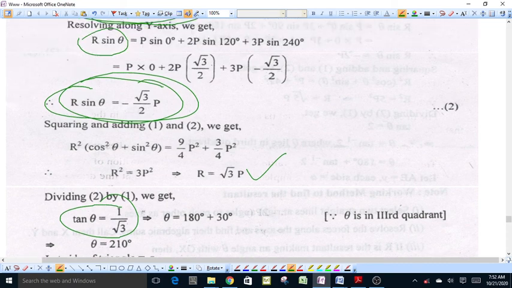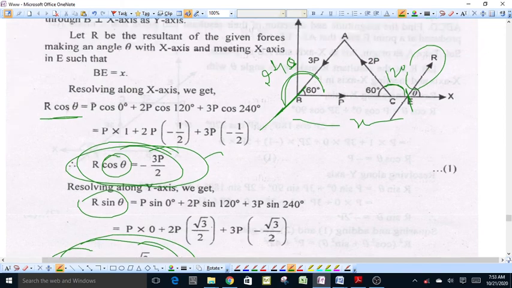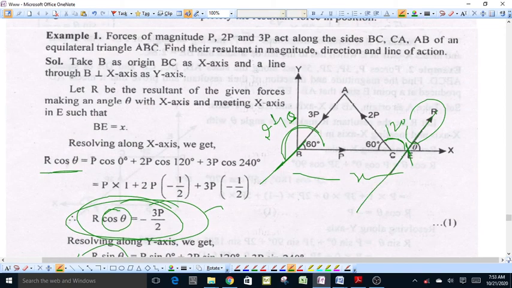Sin theta negative, cos theta negative and tan theta positive: this condition is satisfied only in the third quadrant. This means theta lies in the third quadrant and theta will be equal to 180 plus 30, that is, theta is equal to 210 degrees, and the direction of this R makes an angle of 210.